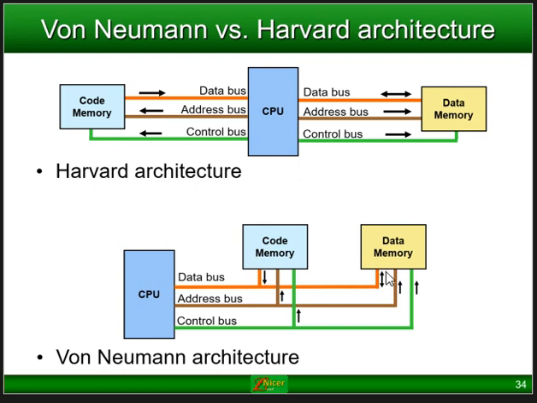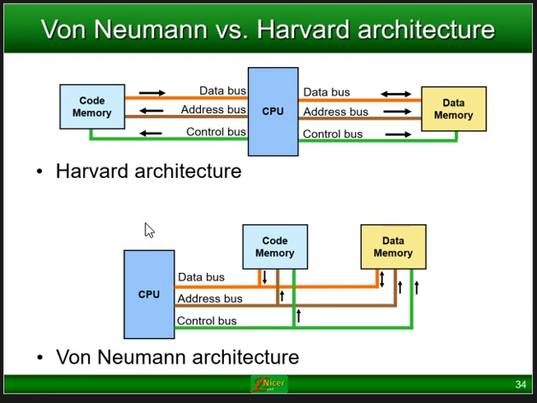I cannot at the same time also address the memory. So it's either the code or the data that works at one specific moment. The address can only be for this one, or the address can be for that one. It cannot be simultaneous. And the control bus will either control this memory or control that memory. So yes, they basically do time sharing. In von Neumann architecture, there's some time sharing. Although it's still fast, there's time sharing.